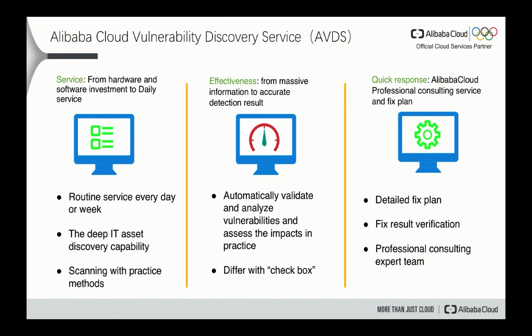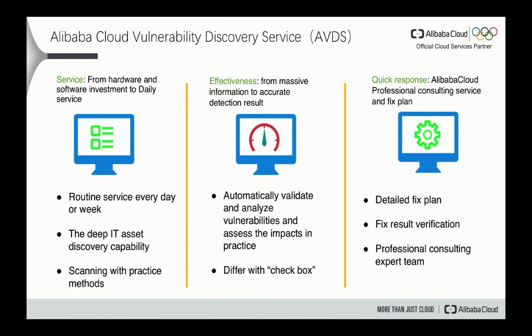And as we mentioned before, it can go deeply into your IT assets and find the ones you may have forgotten, assets you may have left in a corner, but the AVDS can always find them. So one of the side benefits is that the AVDS sometimes can even find IT assets you already forgot. And the effectiveness.